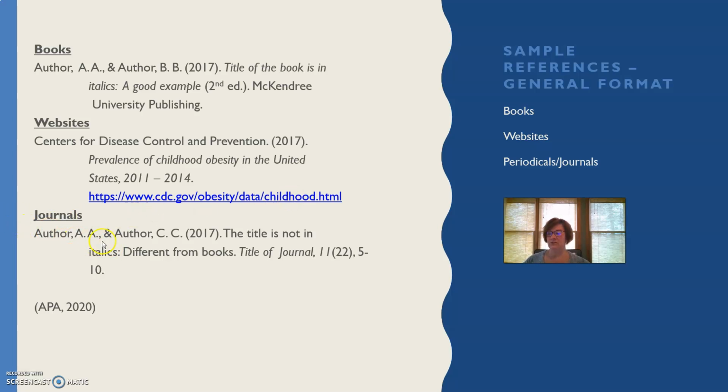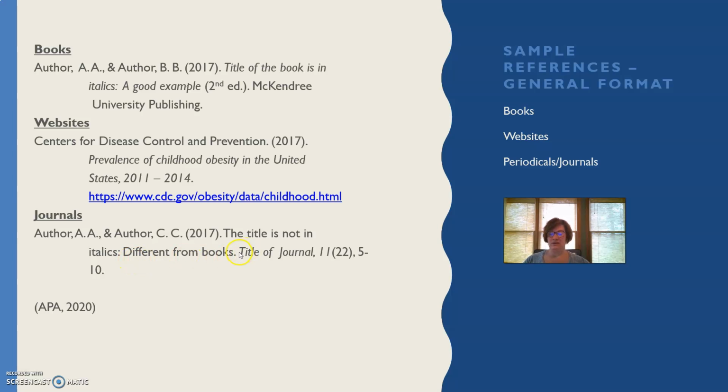And with journals, the same kind of holds true with the number of authors. And then you put the title. Again, the capitalization is the same as the title of a book. You only capitalize the first word or anything that follows, like a colon or a period or a question mark, or any proper noun.